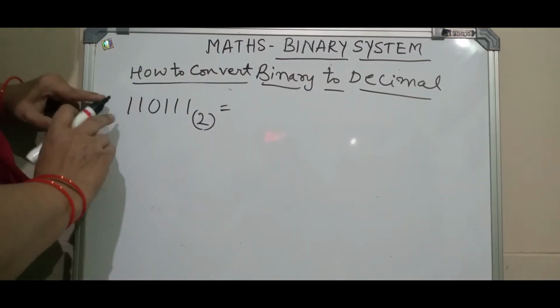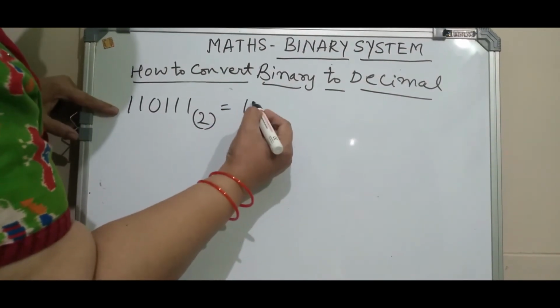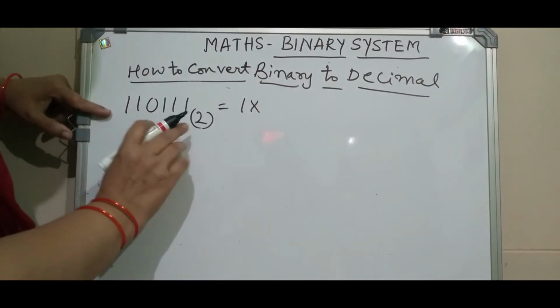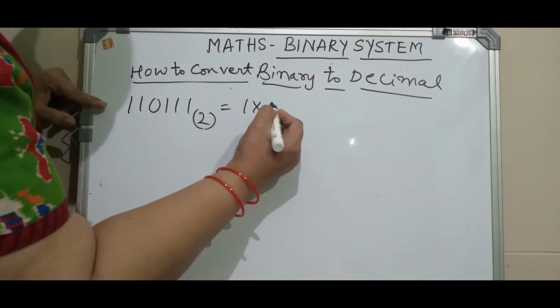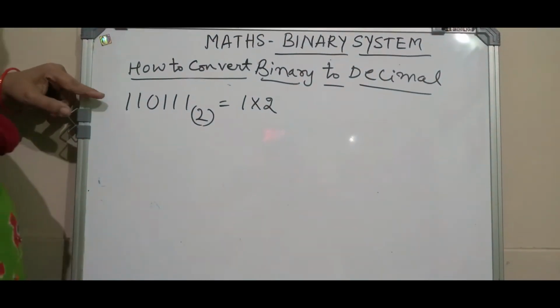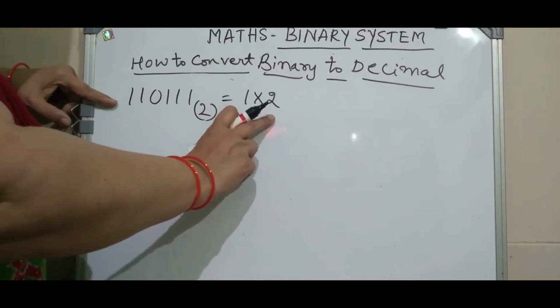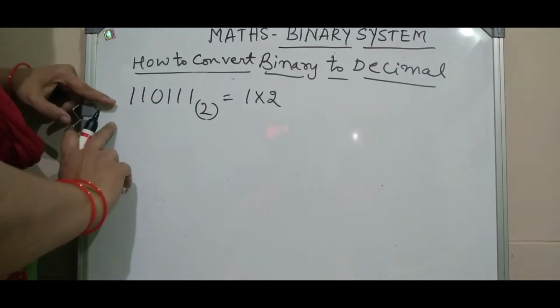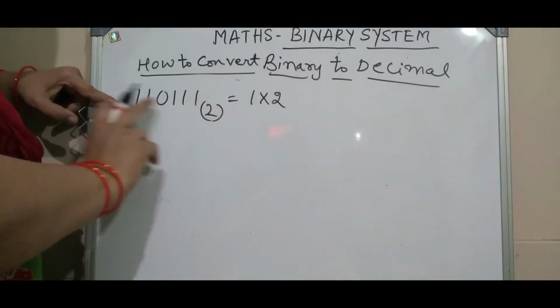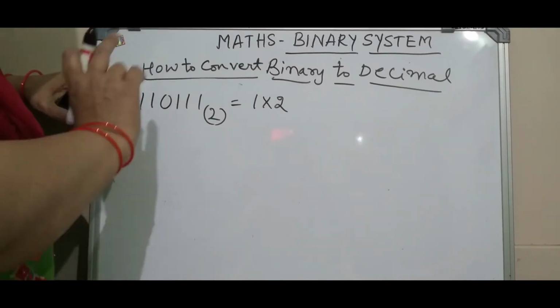Here what we should do is we will consider the first digit 1 and multiply this by the base number. The base number is 2. Because it is the binary system, base 2, the base number will be 2 here, and first you count the number of the digits in the given problem. See, that is 1, 2, 3, 4, 5, 6, isn't it?